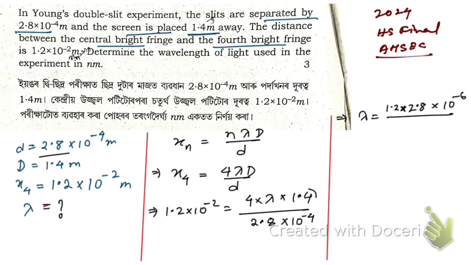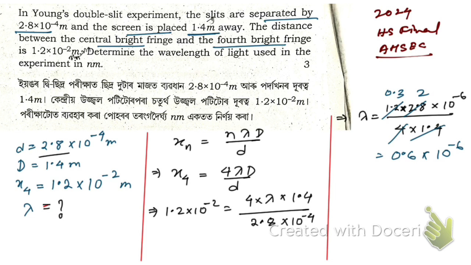Divided by this one, 4 into 10 to the power 4 into 1.4, not 10 to the power 1.4. So here you see this 4 cancels 1.2, gives 0.3, and 1.4 cancels 2.8, gives 2. Okay, so here we have got 0.3 into 2, that's going to be 0.6 into 10 to the power minus 6, right?